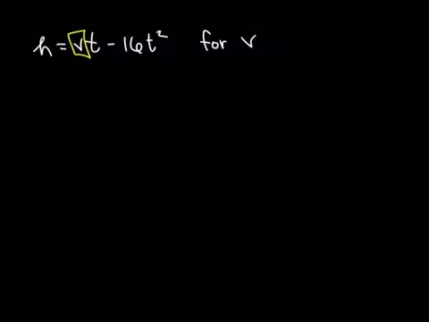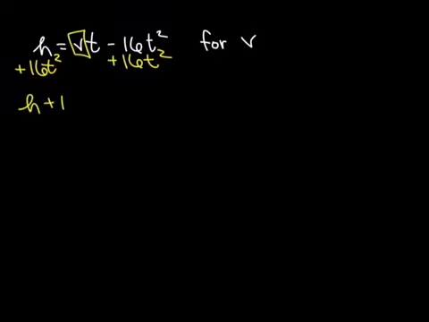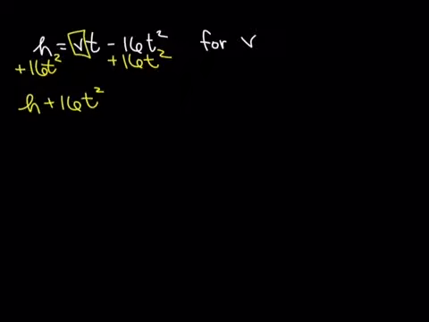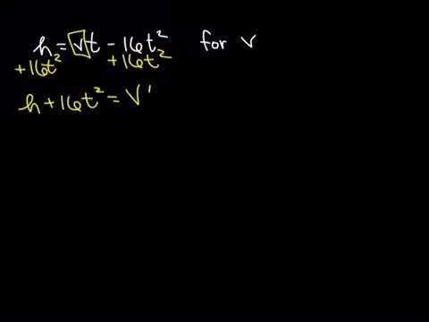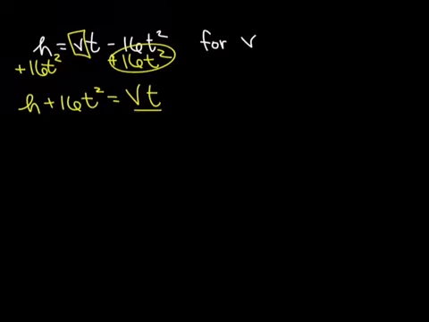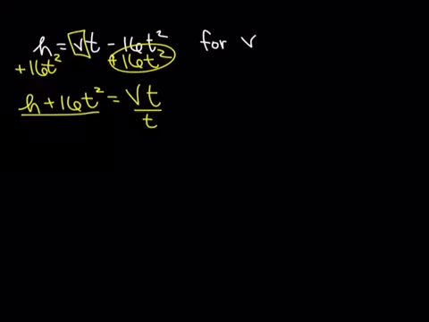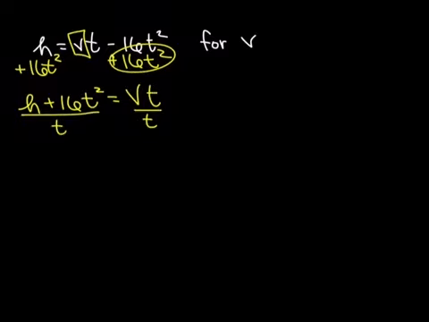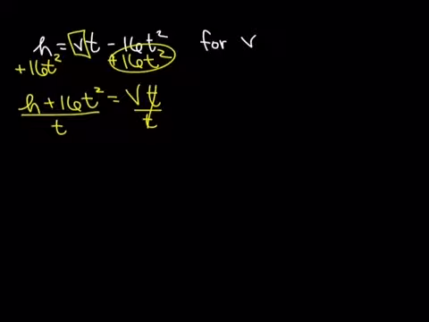Okay, so in order to do that, let's go ahead and again get rid of the stuff furthest away from that v. So I'm going to add it to both sides and end up with h plus 16t squared. You don't have to understand what's going on at all, what the 16t squared represents or anything. You just follow the rules. Okay, now we get rid of the t by dividing here and dividing here. Those go away.